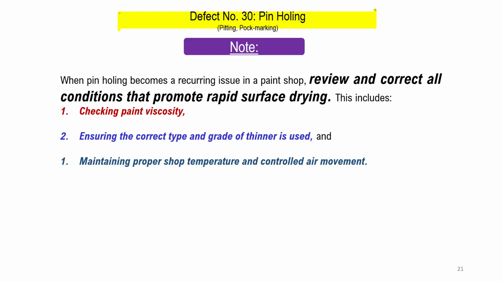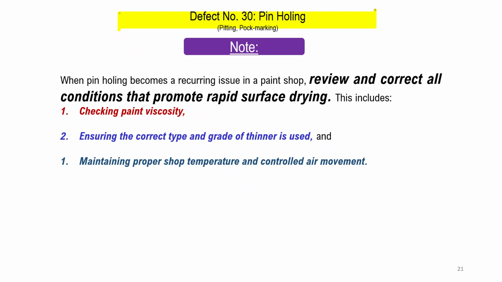Now, coming to some technical instructions, that is, a note related to pinholes. When pinholes become a recurring issue in a paint shop, then review and correct all conditions that promote rapid surface drying.